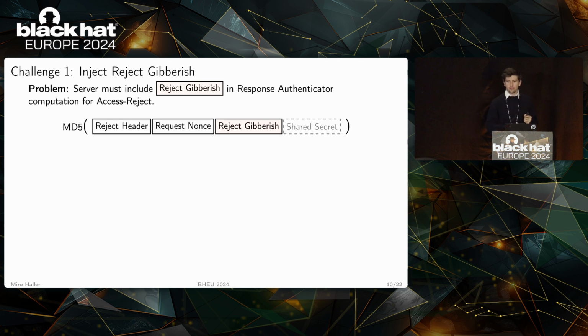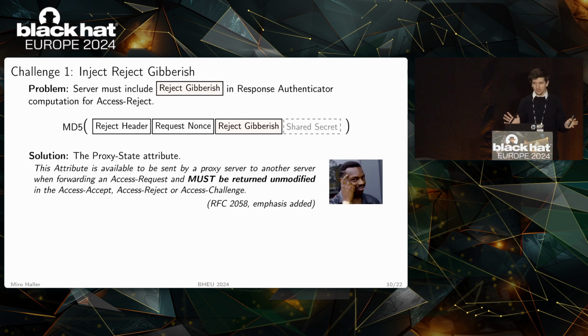The first challenge is that the adversary must convince the server to actually include this reject gibberish in its response authenticator computation for the access reject. And so this seems a little bit impossible at first, because why should the server include some random bytes that the adversary would like it to include in its answer? But it turns out that there is an attribute that is perfect for running this attack.